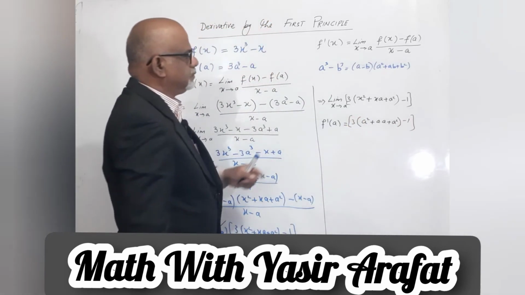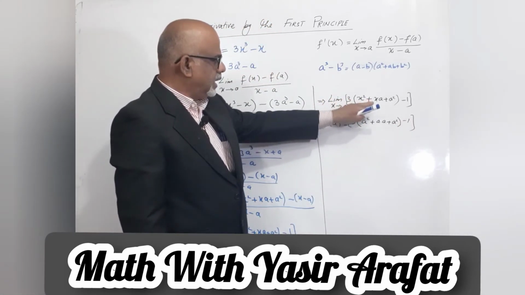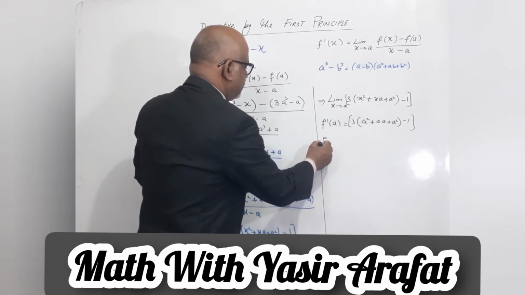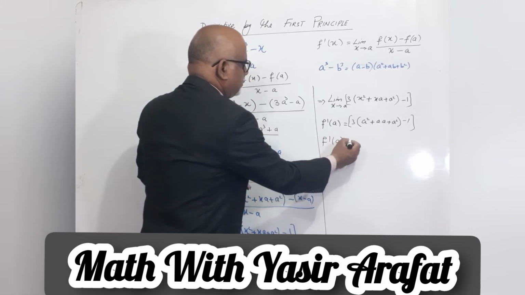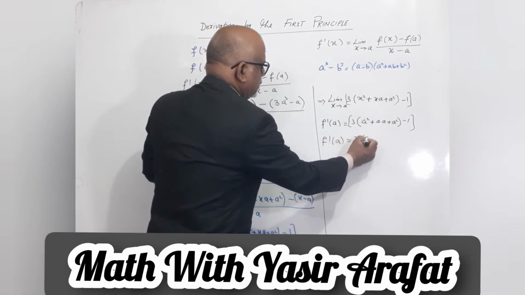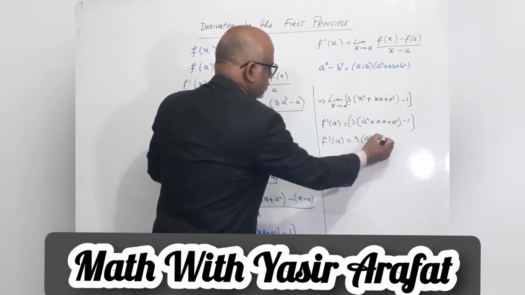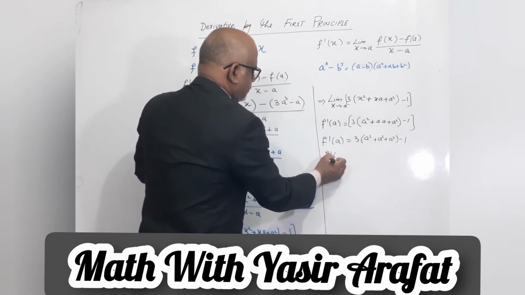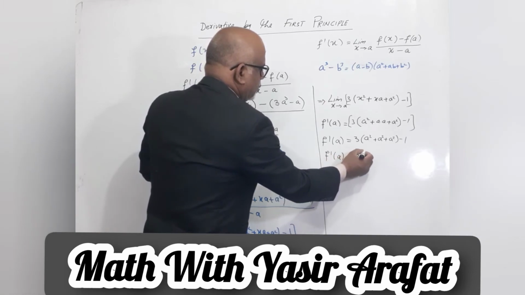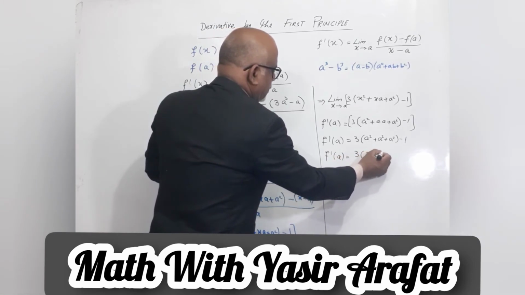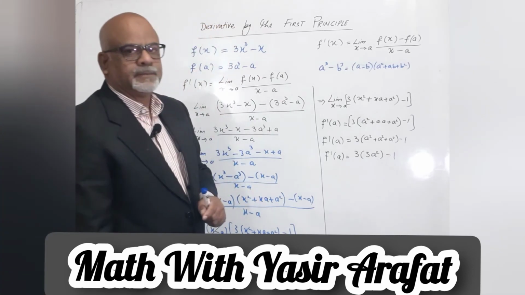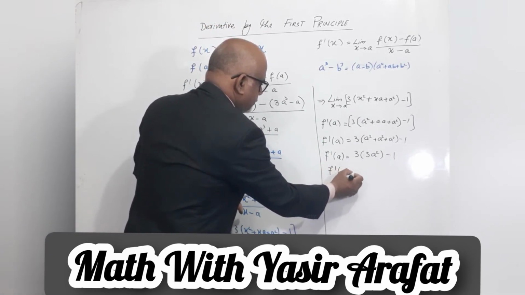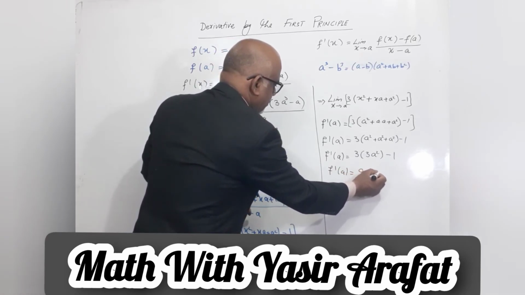Here x is equal to a, and a multiplied by a gives a square. So this is a square and a square, so this is 3 times 3a square minus 1. 3 threes are 9, so 9a square minus 1.